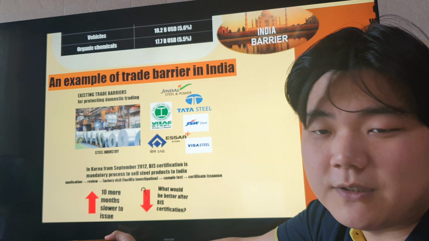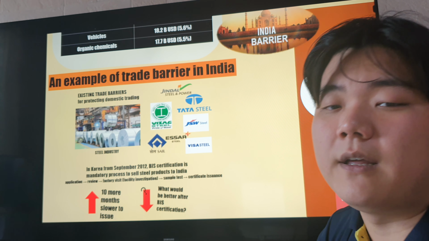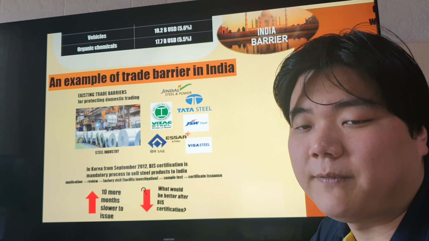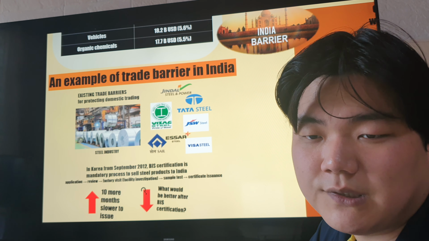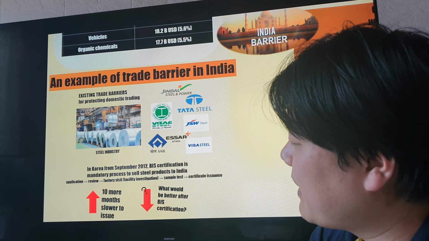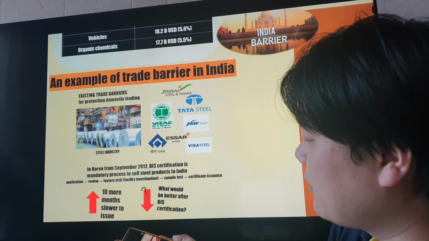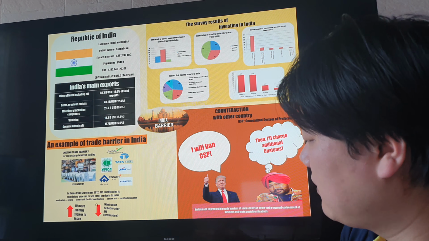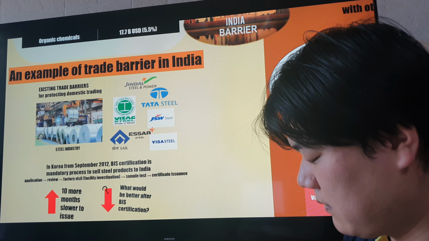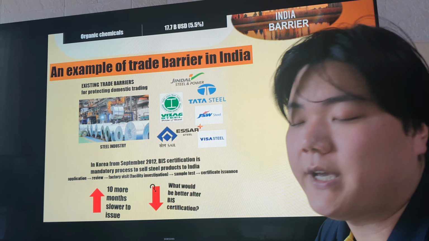Certificate issuance usually takes 10 months, and there are no clear criteria, such as taking more time to issue certificates for small businesses than large companies. The tariff period made it 10 more months slower to issue than what would be better after BIS certification.